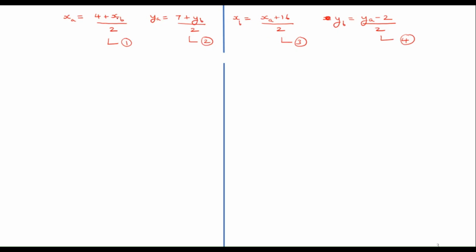So instead of xb I can write this part, and I can solve and get the value of xa. That is what I will be doing, and then similarly we will do it for y. So here I will substitute equation 3 in 1.